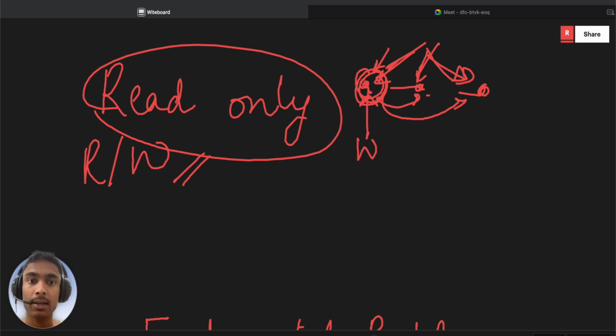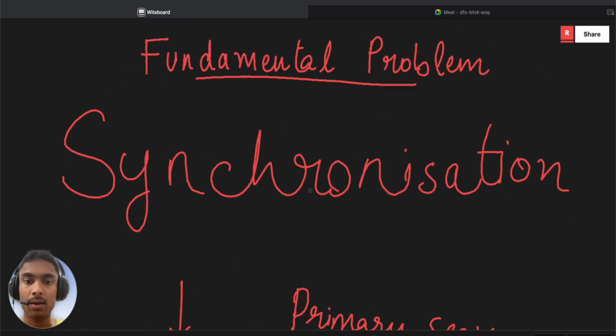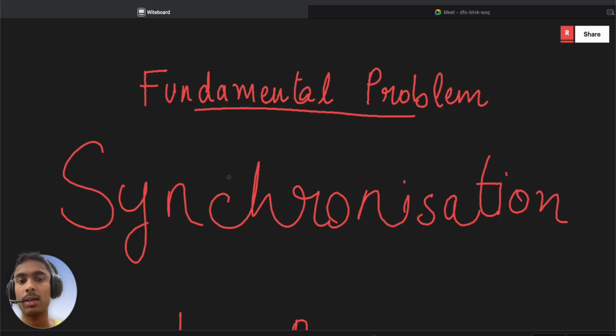Additionally, there are synchronization issues. Let's say this were not propagated and some read request were to come here and we allowed such a thing to happen, then that read request might not be consistent. So to maintain this consistency, we need to address this synchronization problem.